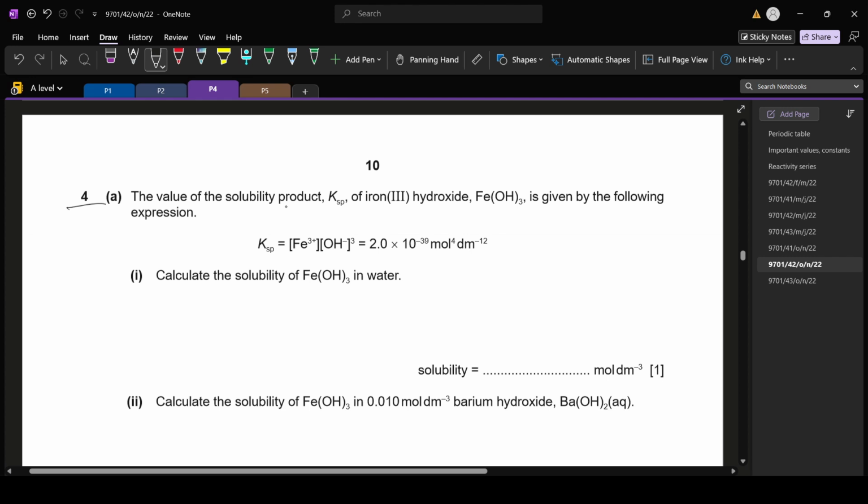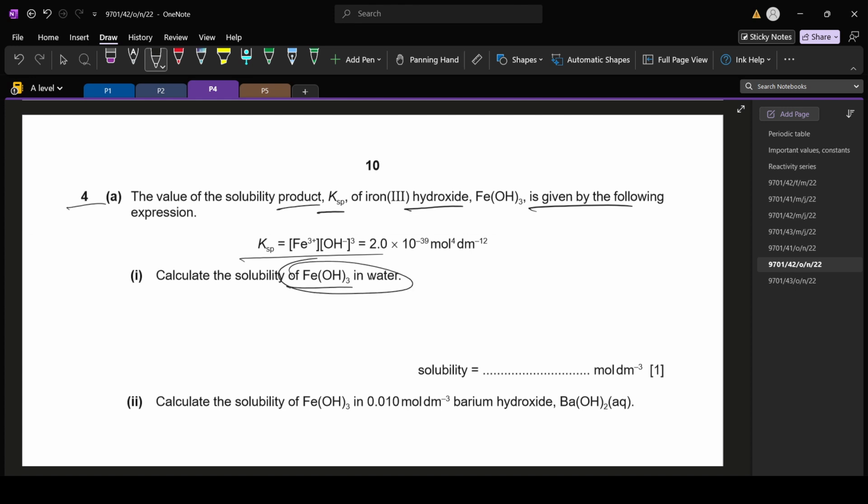The value of the solubility product Ksp of iron 3 hydroxide is given by the following expression. Calculate the solubility of this iron 3 hydroxide. For this reaction, when iron 3 hydroxide dissolves, it forms Fe3 plus ions and 3 moles of OH minus ions.